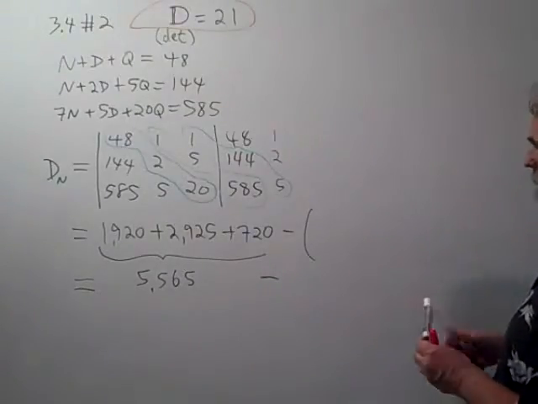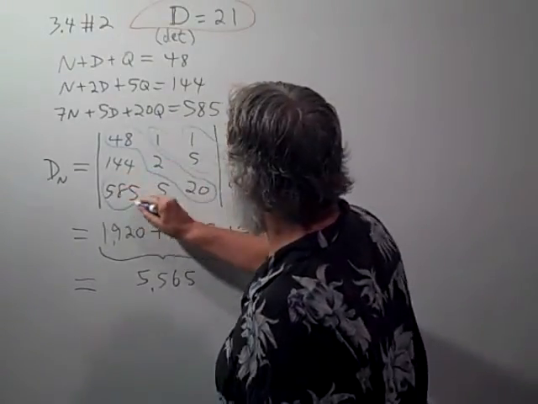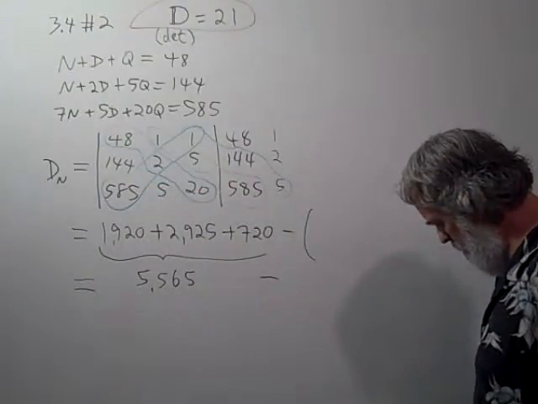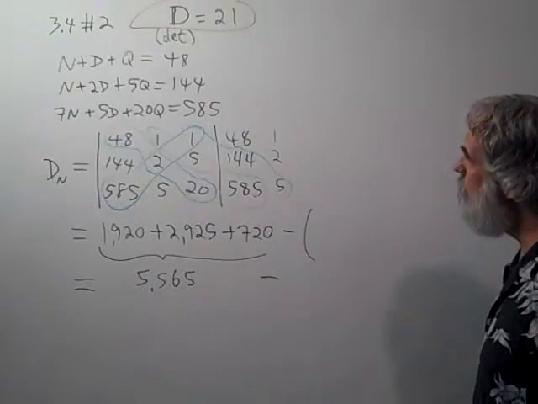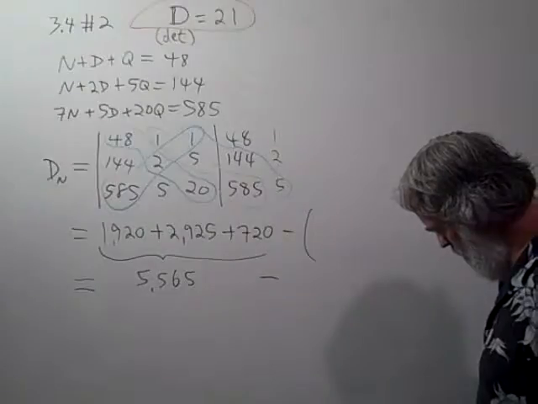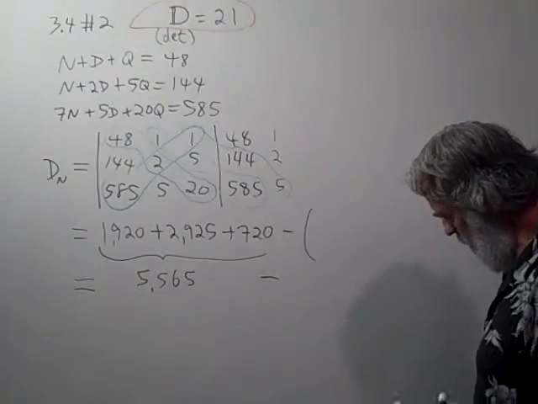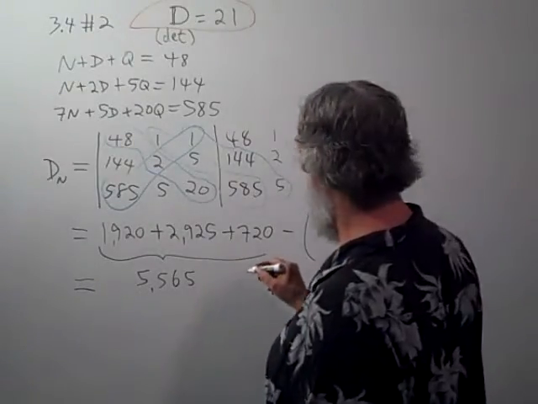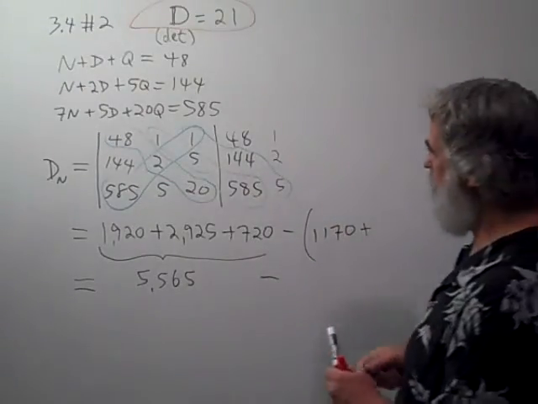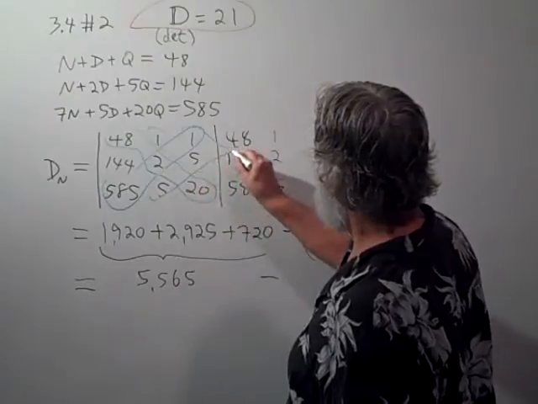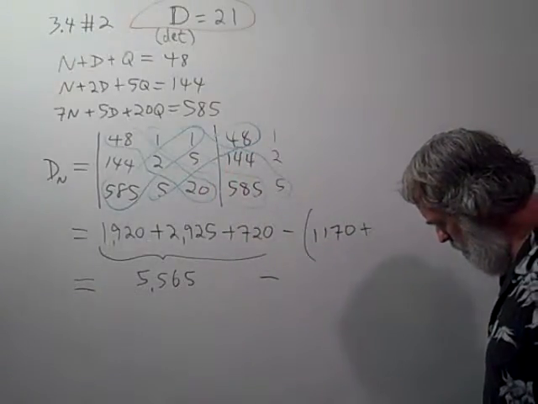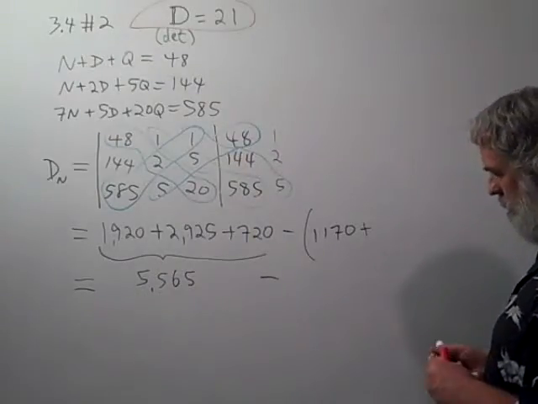Okay, now the diagonal going the other way is 585 times 2 times 1. That's 585 times 2. That's 1,170. The next diagonal over, we have 5 times 5 times 48. That's 25 times 48, which is 1,200.